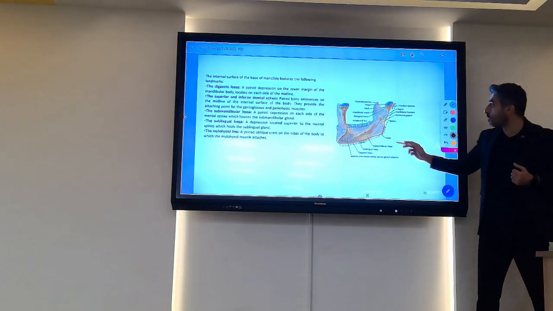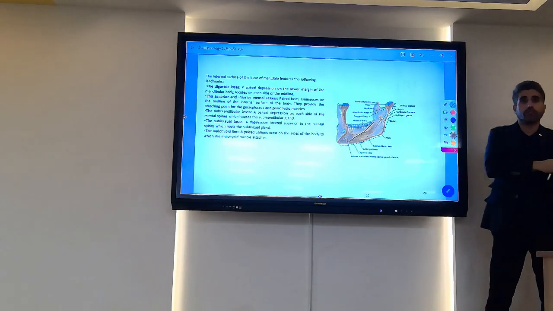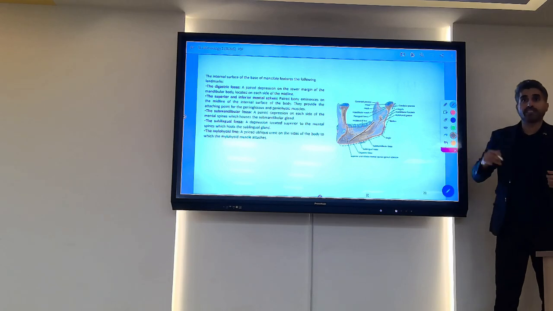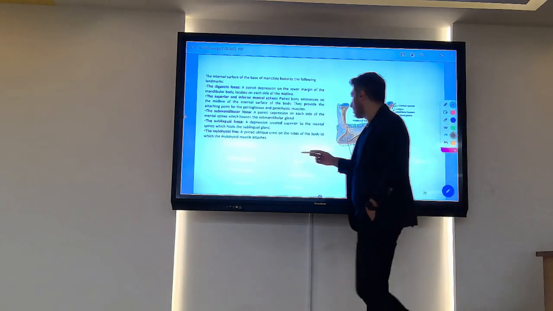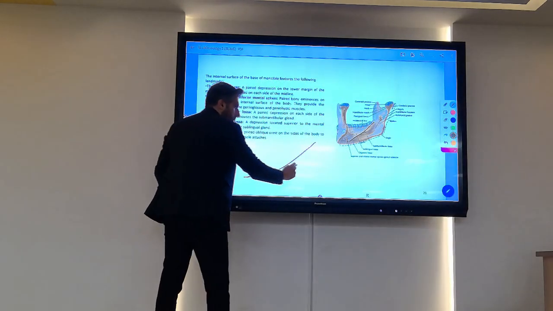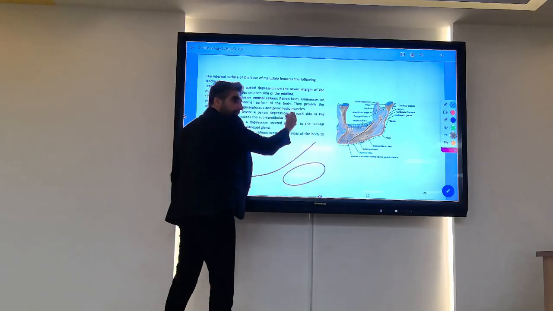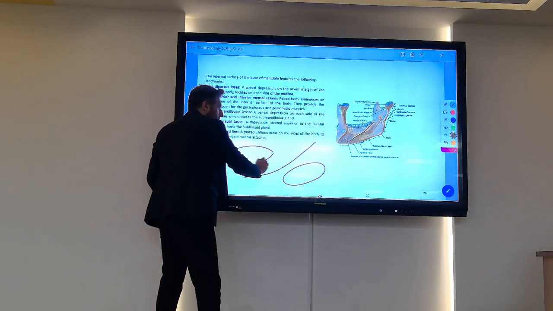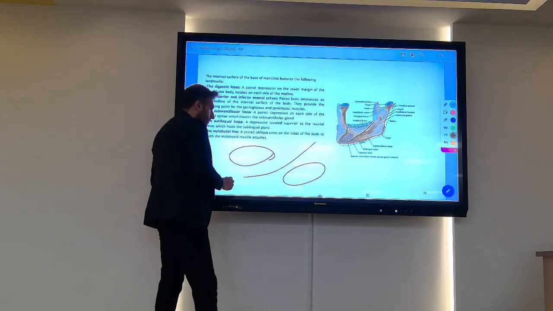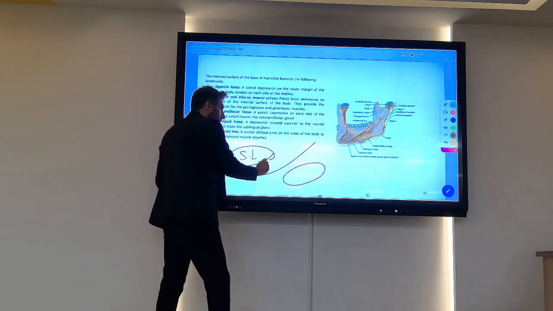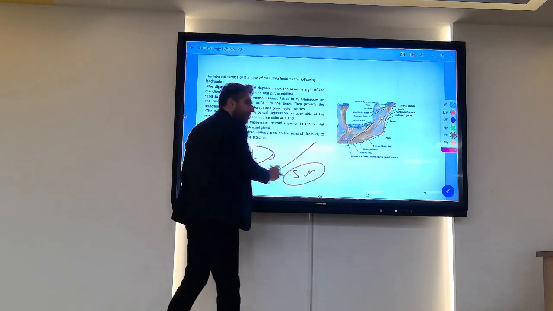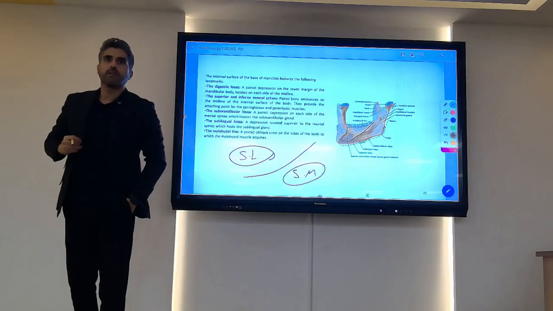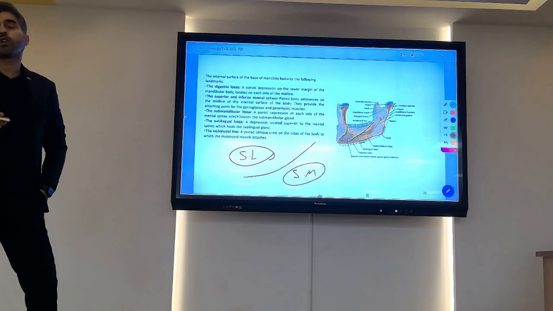So this mylohyoid line inside of the mandible body separates two fossae, one fossa inferior and posterior, one fossa superior and anterior. Sublingual, submandibular. What are these structures? Very good, salivary glands.